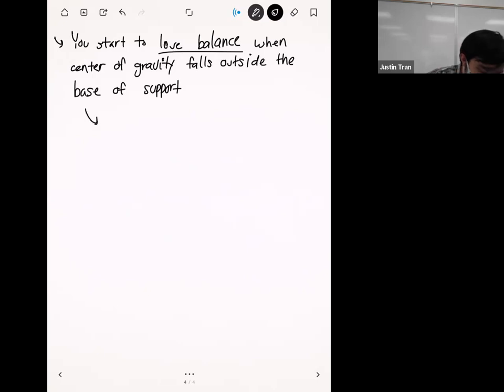And the reason this happens is because there's no longer any way for the normal force to counteract the rotation from the body weight.